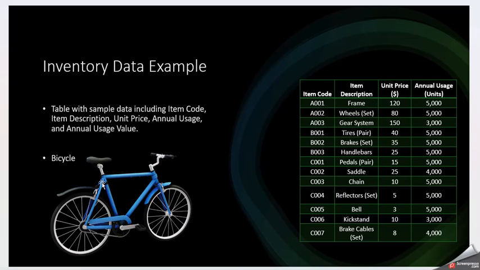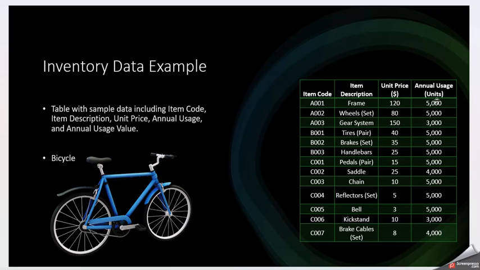In this case I have taken a bicycle as my example: frame, wheel set, gears, and then price. A frame might cost around $120, wheels around $80, and the gear system $150, which is the costliest item for you.